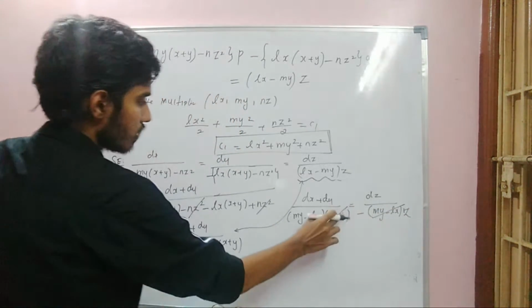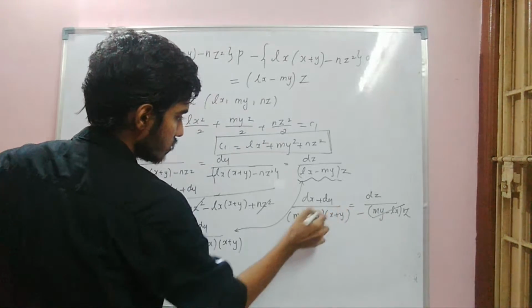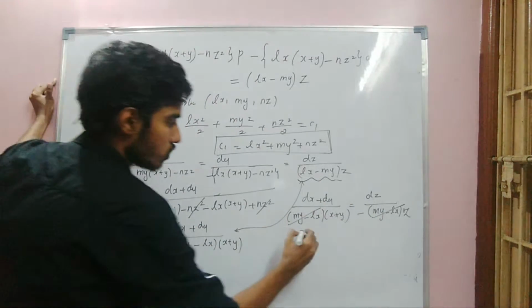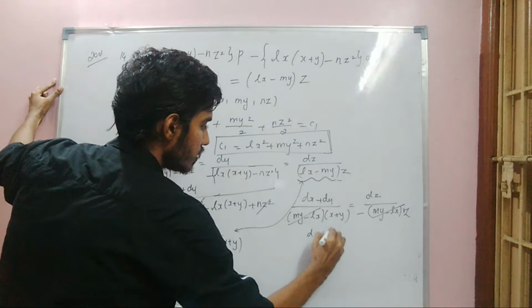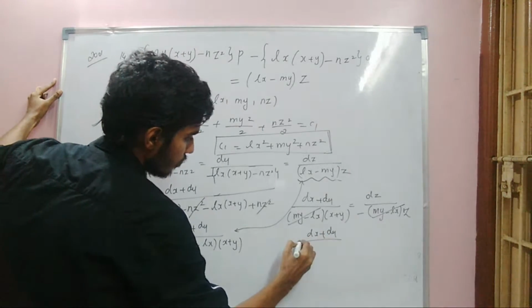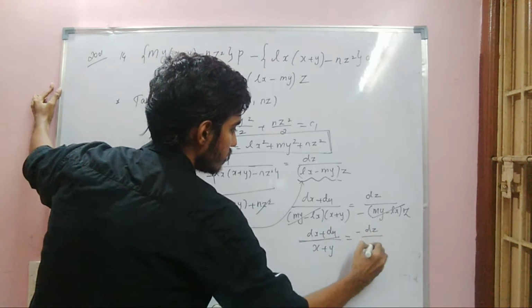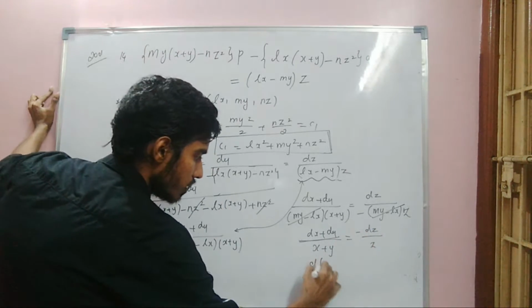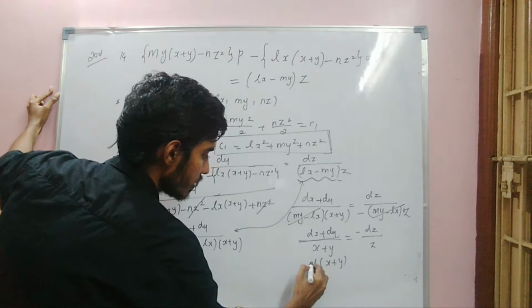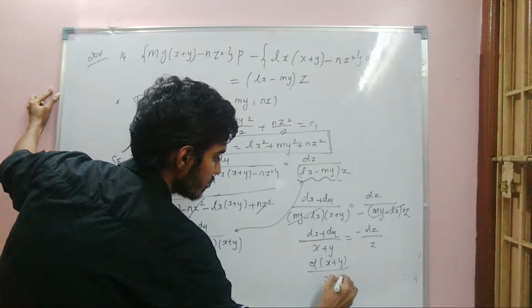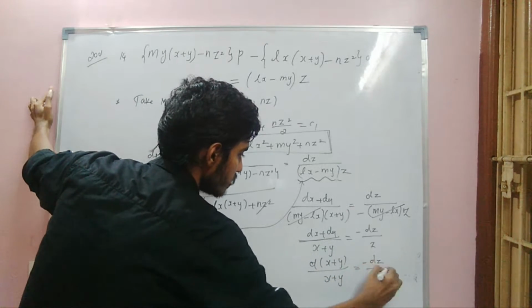So this term and this term will get cancelled. So we have dx plus dy divided by x plus y is equal to minus dz by z. Now I can write this as d of x plus y divided by x plus y is equal to minus dz by z.